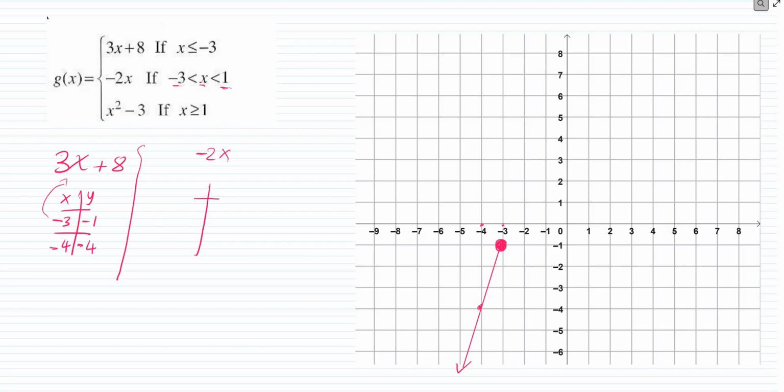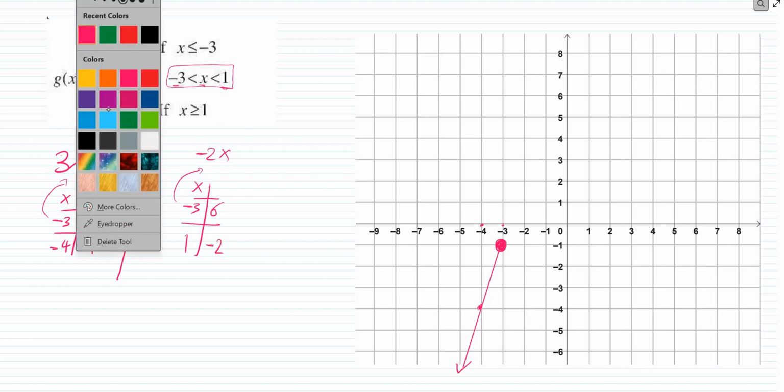So this is bounded between negative 3 and 1. Just pick for x negative 3 and 1. When you substitute negative 3 here, you will get 6, right? Negative 3 times negative 2 equals 6. When you substitute 1, it equals negative 2.